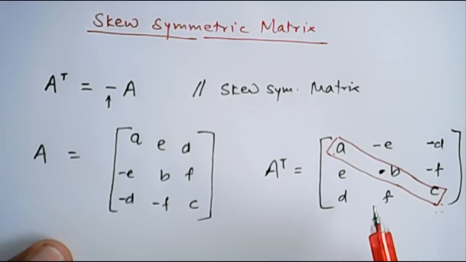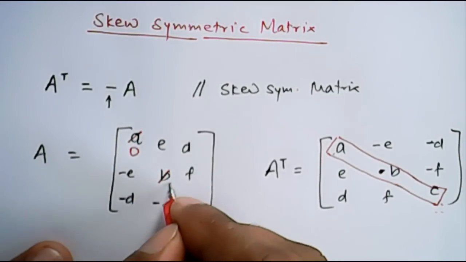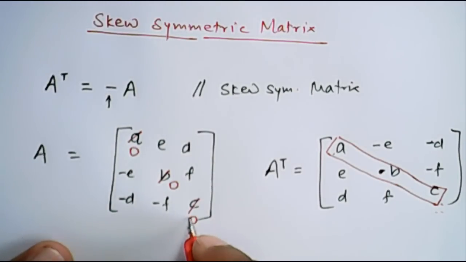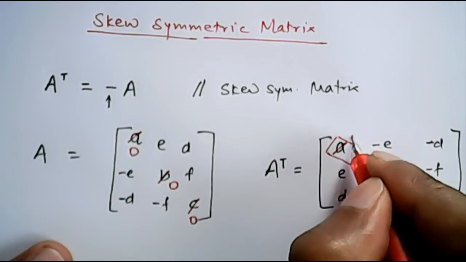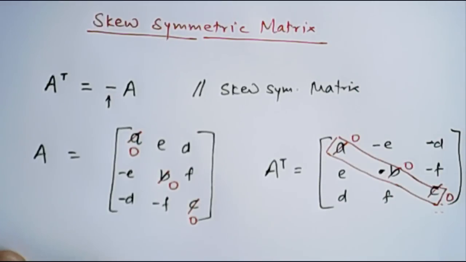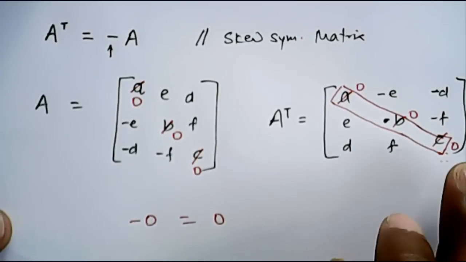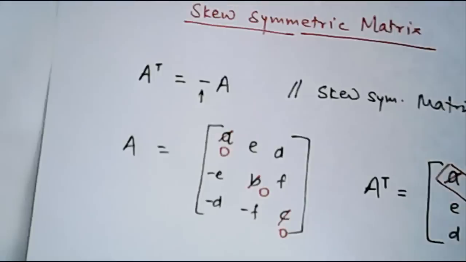So we can draw a conclusion that for a skew symmetric matrix the diagonal elements will be 0 always, because only then, even after taking transpose, we can have the negative of the original matrix, like negative of 0 is equal to 0, right? So we should have diagonal elements 0 in case of a skew symmetric matrix.